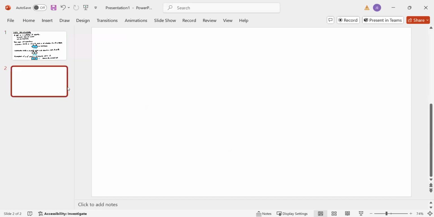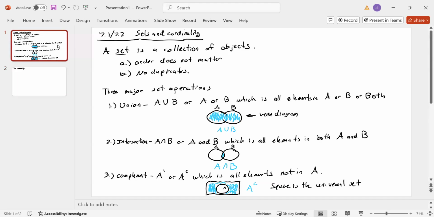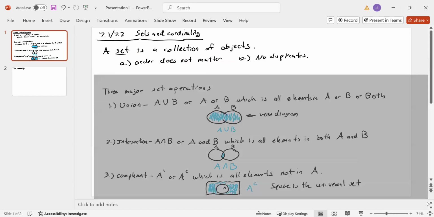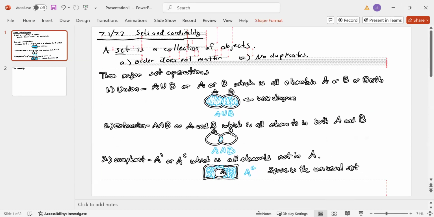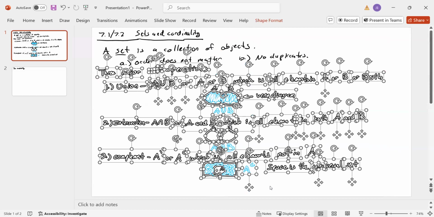And then the last major thing was the cardinality. Actually, you know what I can do? I can put that right there, and then I can have all of this on one slide so it looks a little bit nicer. Okay.